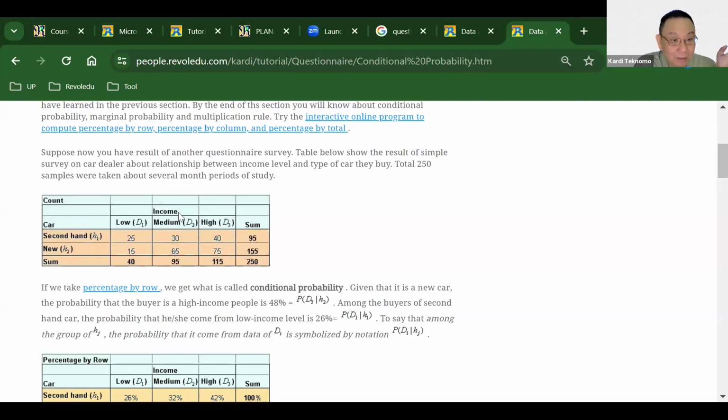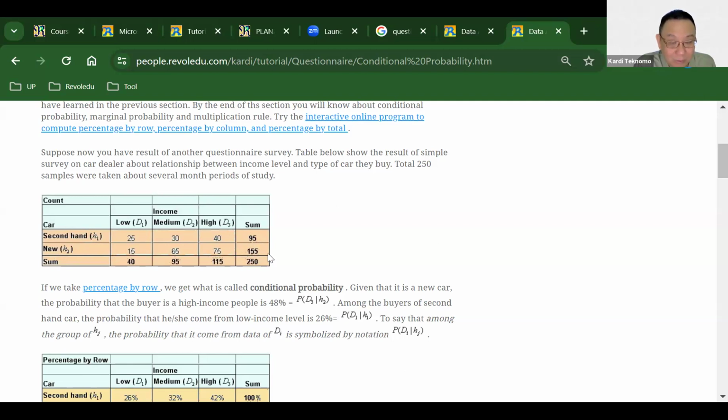And 30 here represents the number of respondents who claim themselves as medium income, but are buying a second-hand car, and so on. Is that clear? The sum here, 95, represents those who buy a second-hand car.